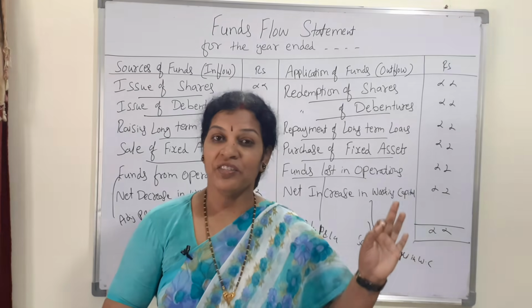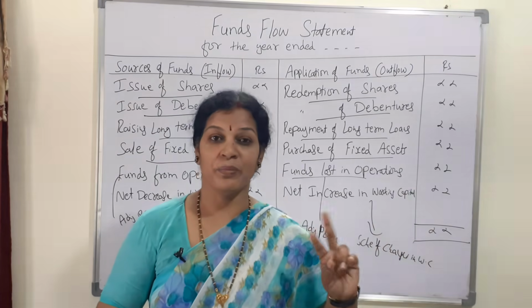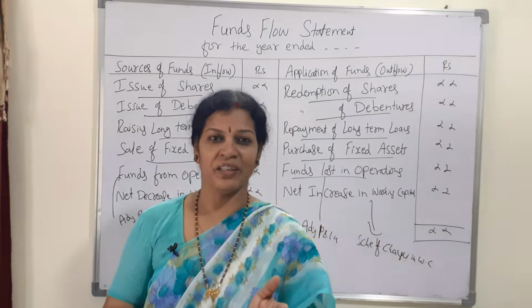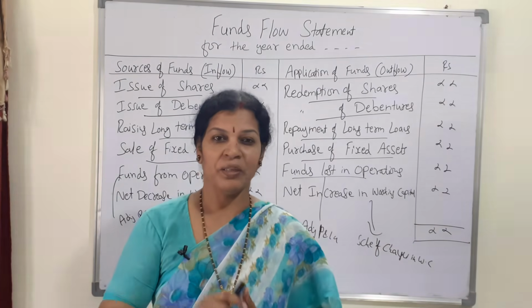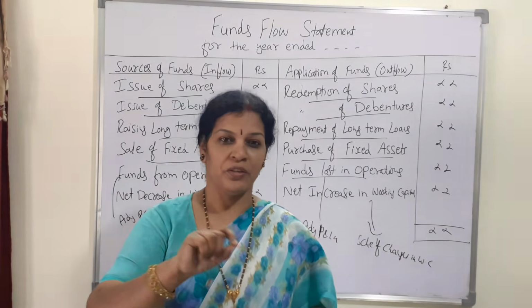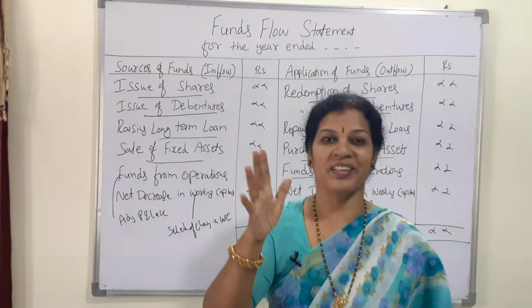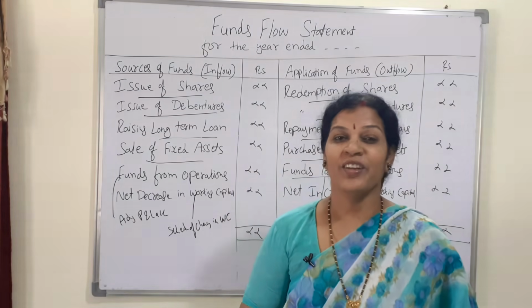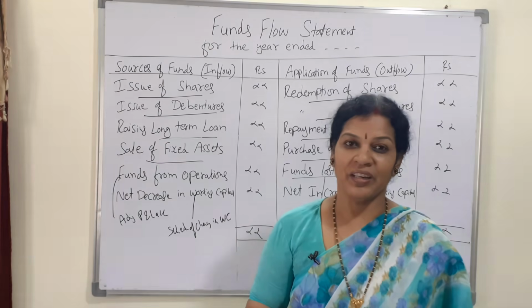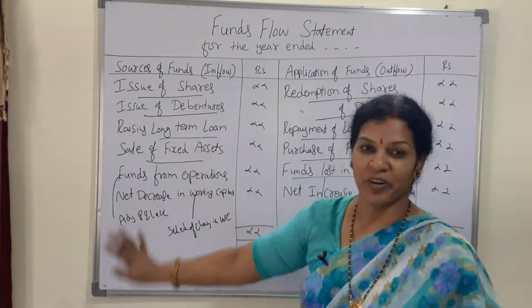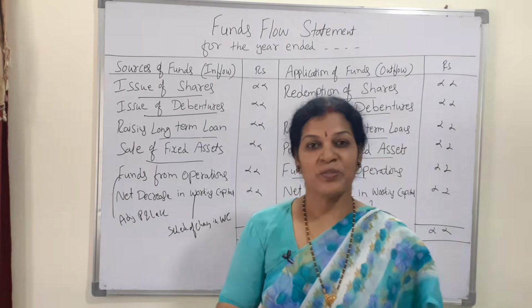Application and sources must both be the same, then you can check that the problem is correct. After writing the exam you can say, a 20 marks problem, fund flow statement, it's tallied, so I am sure I am going to get the marks. That much confidence you can have if it is tallied. So this is about the proforma of the funds flow statement.